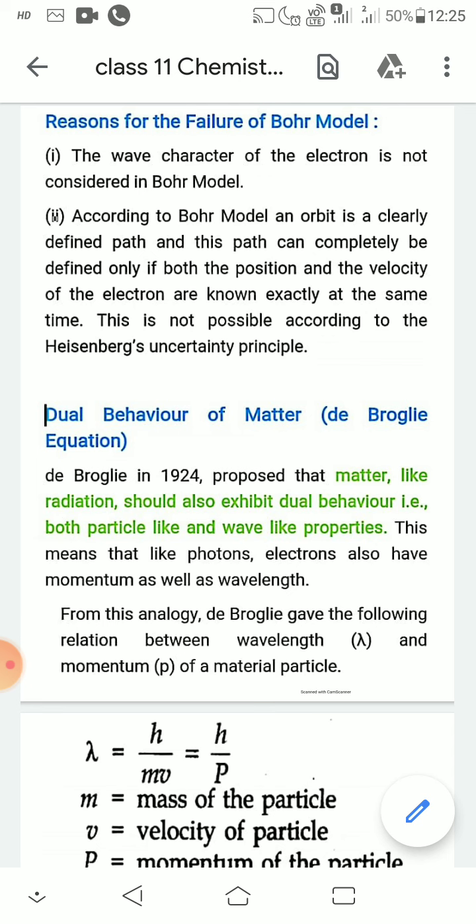And this is not possible according to Heisenberg's uncertainty principle. Today I will also discuss Heisenberg's uncertainty principle and the wave character of electron. So these two points are the reasons for the failure of Bohr's atomic model.